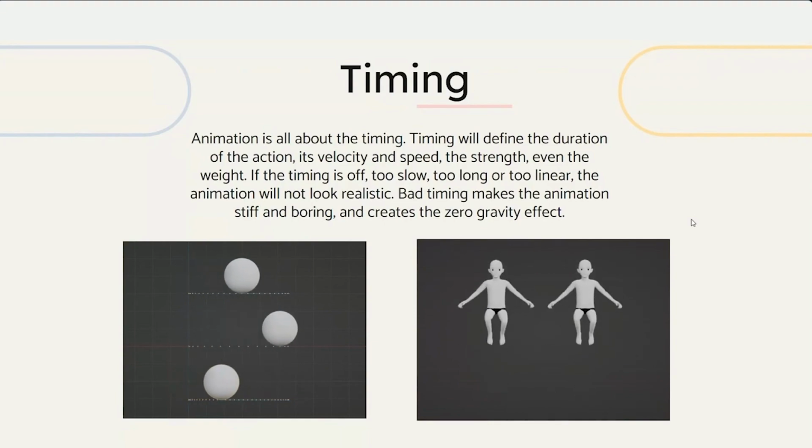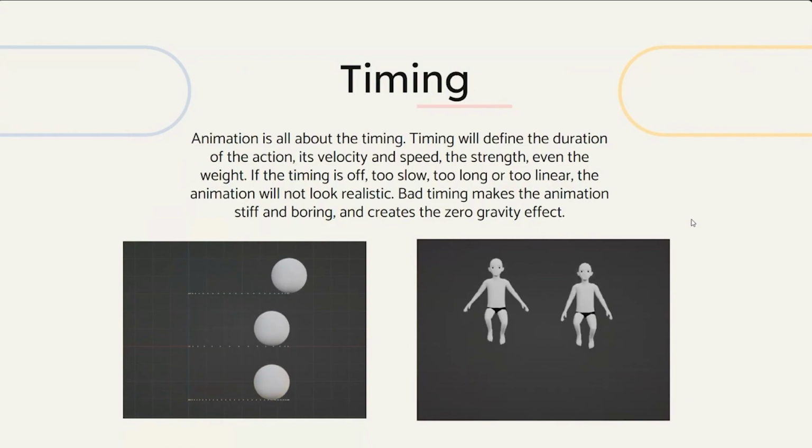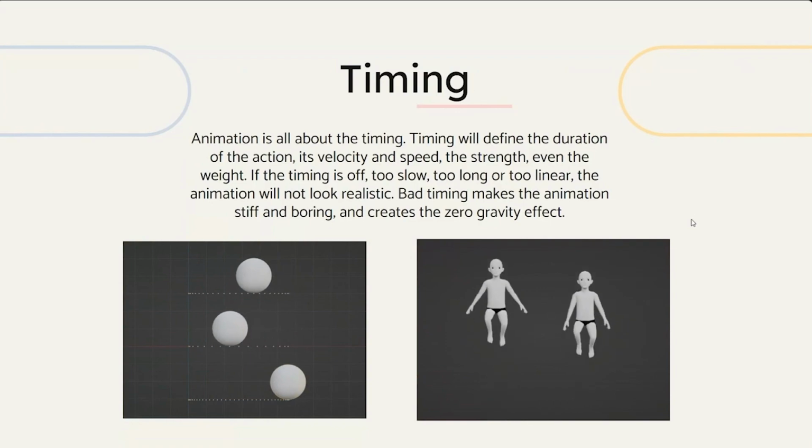I've selected these three spheres. They have the same length, the clips have the same number of frames. The distance is the same, but as you can see, the timing is how you space the frames, the spacing between the frames. If you have a frame closer to the other, you might have a different result than if you bring the frame further from the previous one.